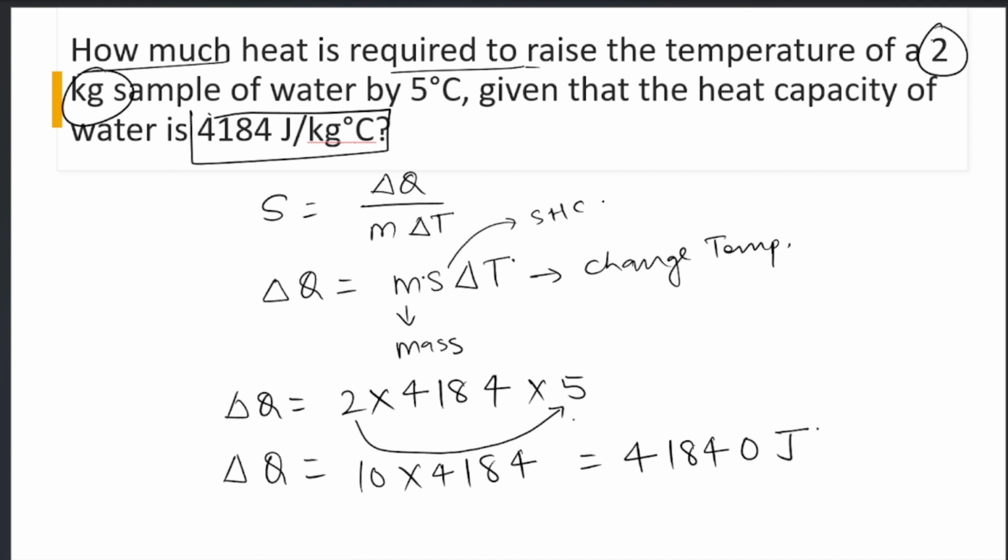So this is the energy required to raise the temperature of 2 kg of mass, and the mass here is water, by 5 degrees Celsius. So delta Q is equal to 41,840 joule.